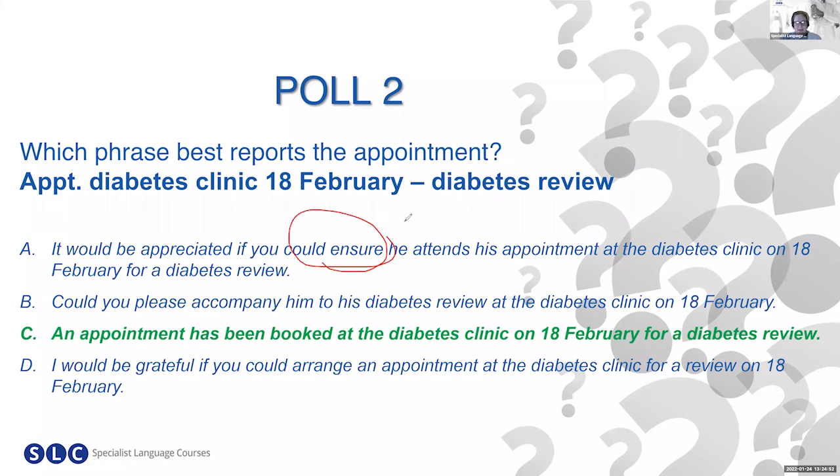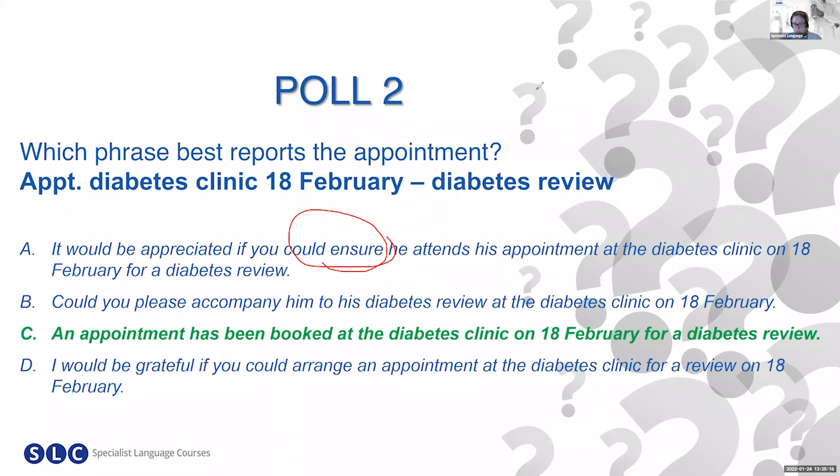Where does it say in the case notes, ensure he attends his appointment? There's no indication there that you have to make sure she goes. You'd probably be okay if you wrote that, but you need to be careful about putting things like this in your writing if it's not directly stated in the case notes.